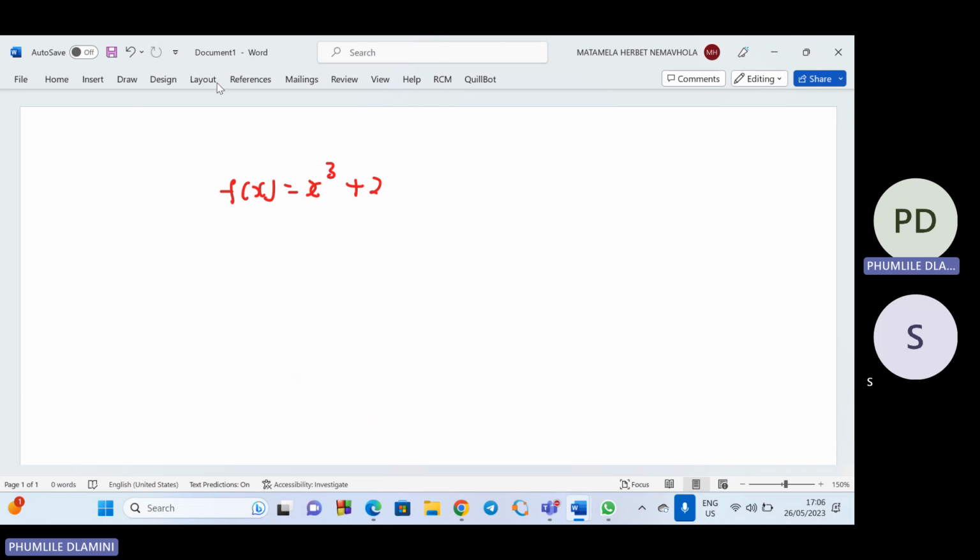We are also given the partition, which we call P. It starts at 0, then goes to 1 over n, then after 1 over n it goes to 2 over n, then after that to n minus 1 over n. Then the last one is 1. So this is our partition.